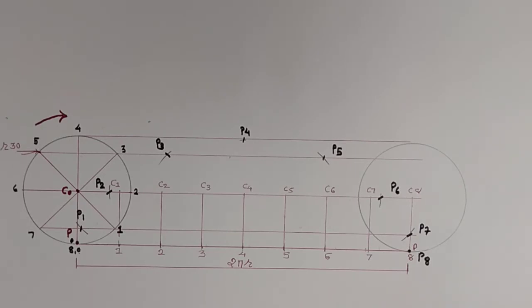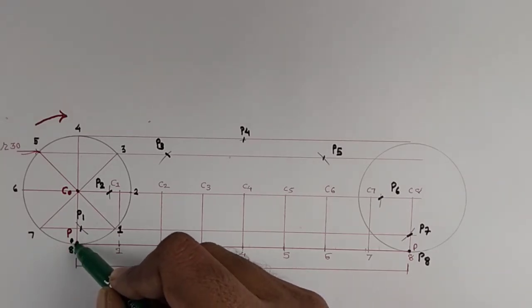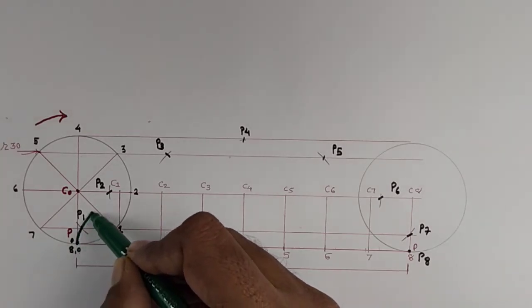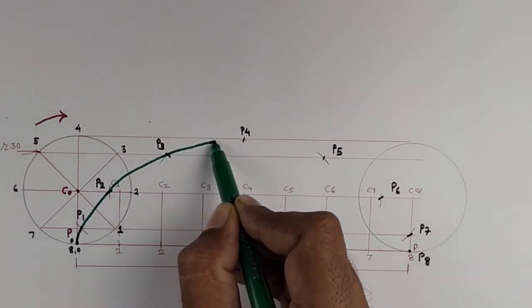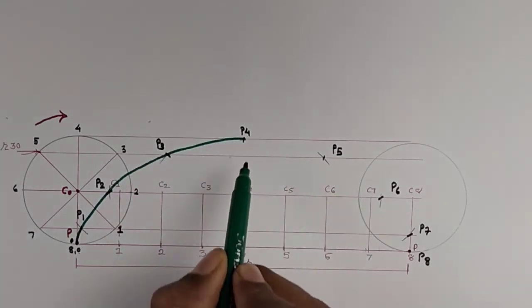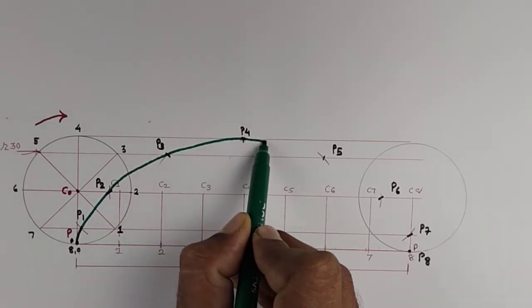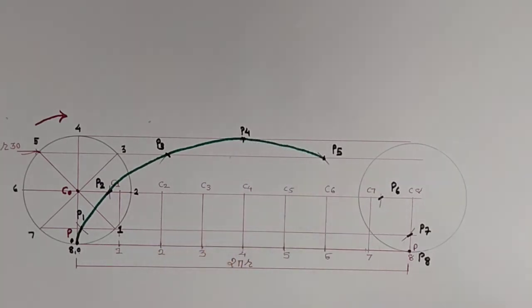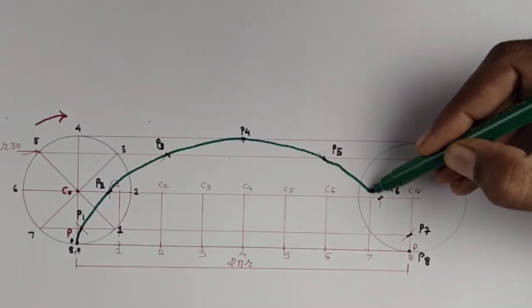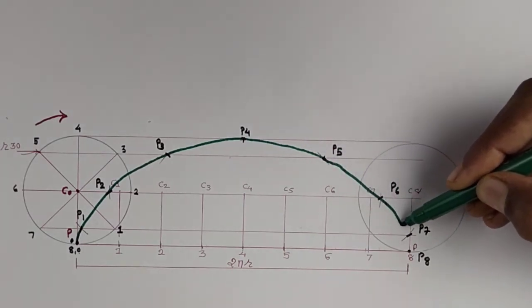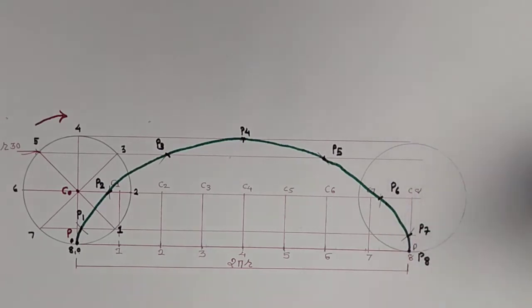You can join all the points with a smooth curve from P0, P1, P2, P3, P4, P5, P6, P7 and P8.